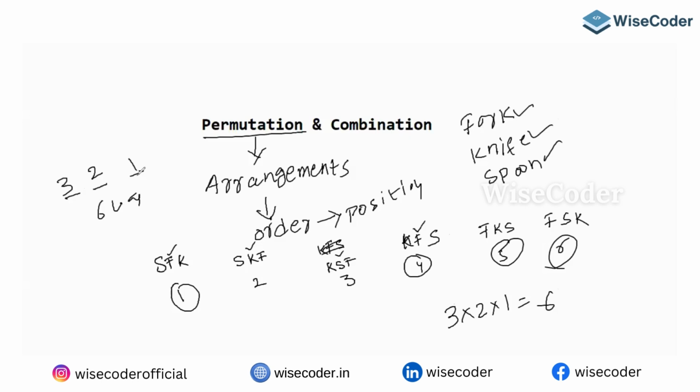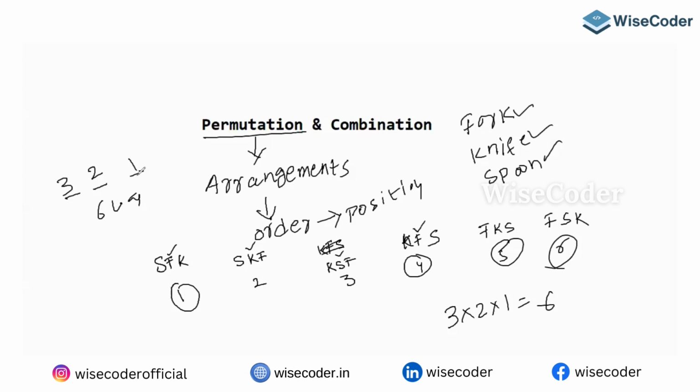Here we have 3 positions and 3 objects. The first position can be filled in 3 ways, with any of the fork, spoon, or knife occupying it. Having filled this, for each of the 3 ways, the second position can be filled in 2 ways, by either of the remaining objects.